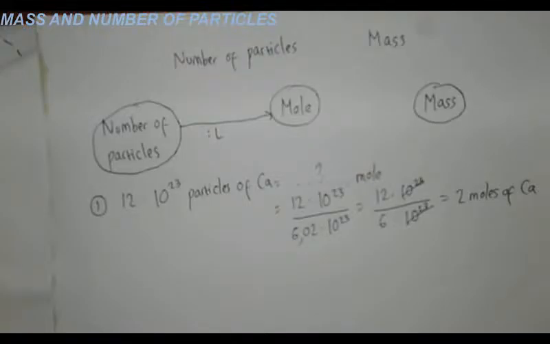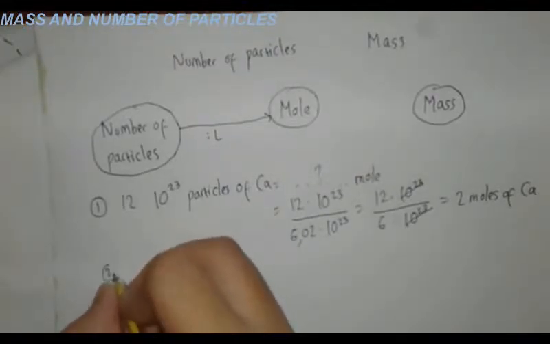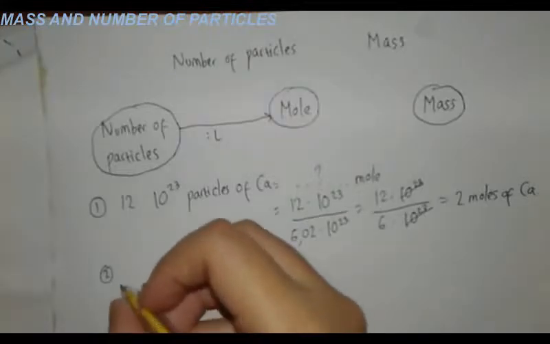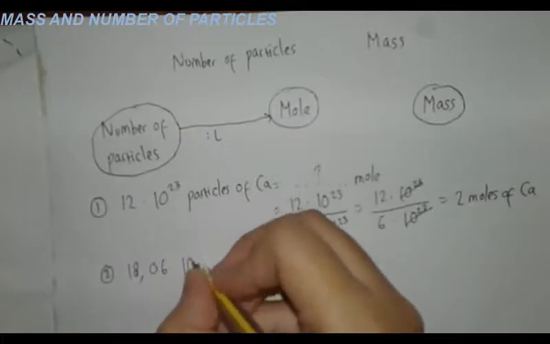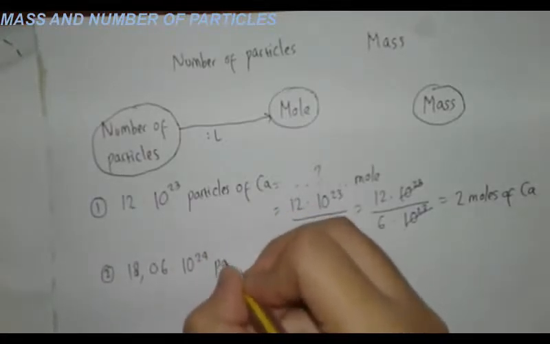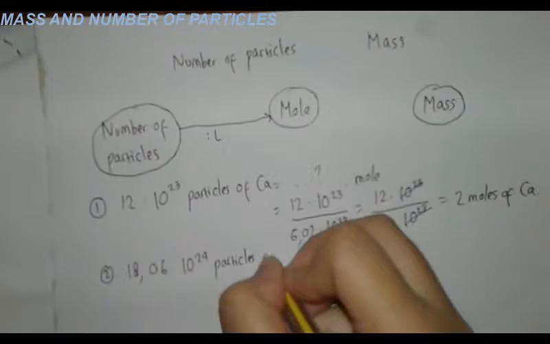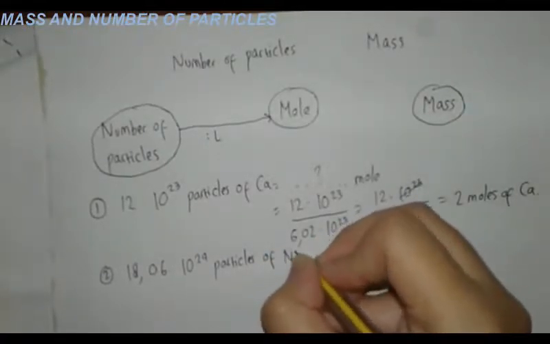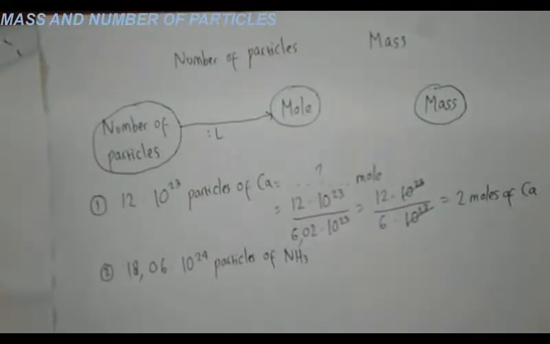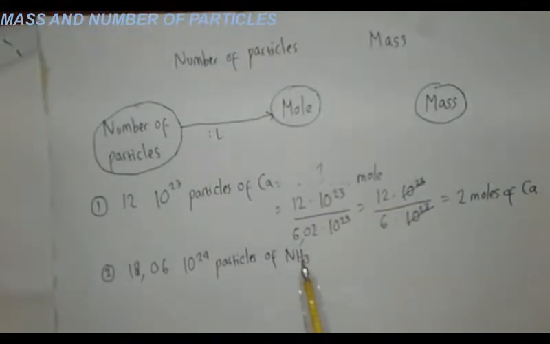Then what if the question is like this: how many moles of 18.06 multiplied by 10 to the power of 24 particles of NH3? You know that N is nitrogen and H is hydrogen, so we can read it as nitrogen trihydrate.